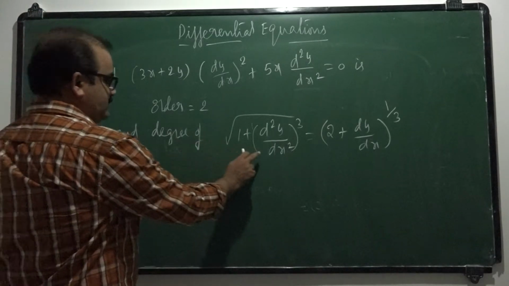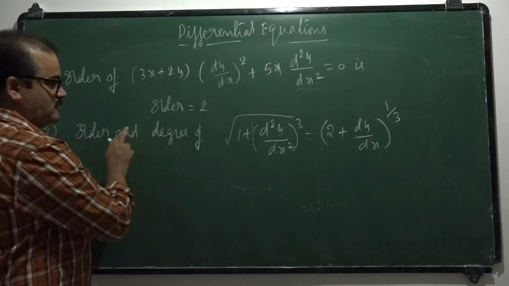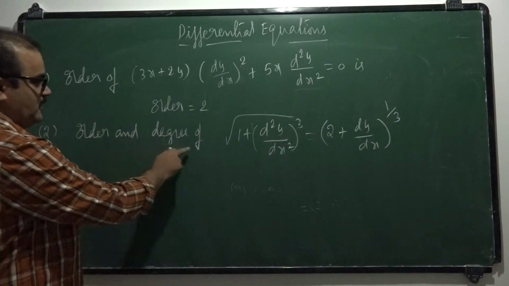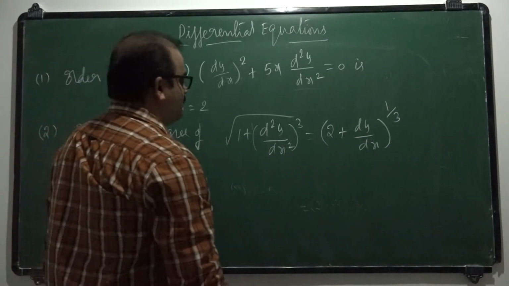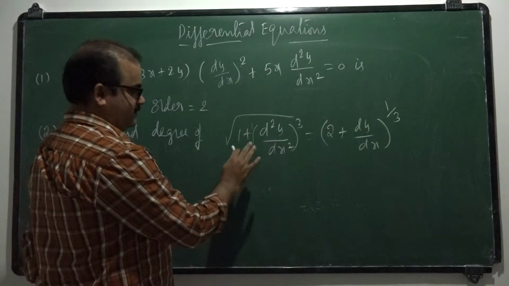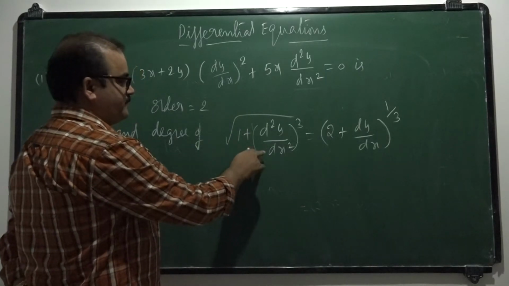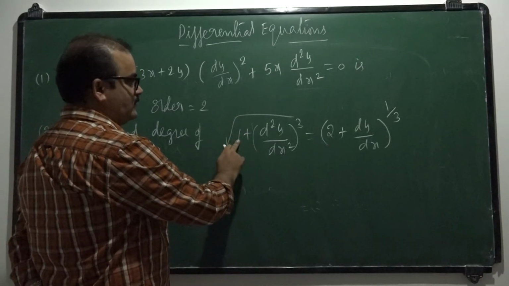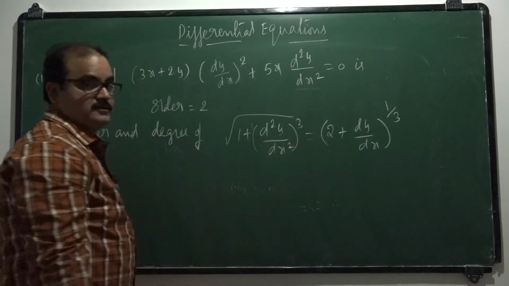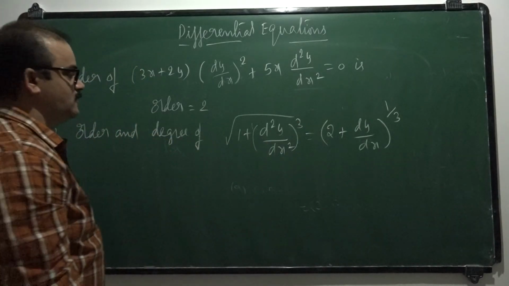In this differential equation, we find order and degree. To find degree, this square root and cube root must be eliminated.